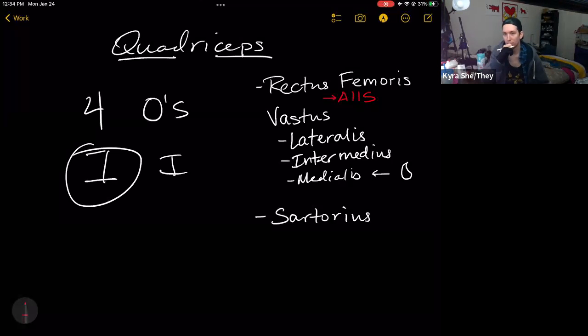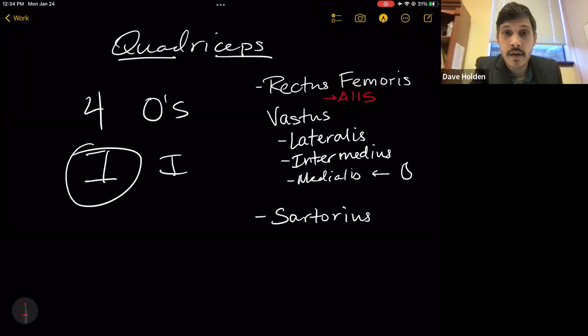The ilium. So a hip bone, which means if it starts on a hip bone, that means this muscle crosses the hip. So guess what this muscle has to move? The hip, right? It crossed the hip. It's got to move the hip. Rectus femoris is the only quadricep that moves the hip, the only one that crosses.